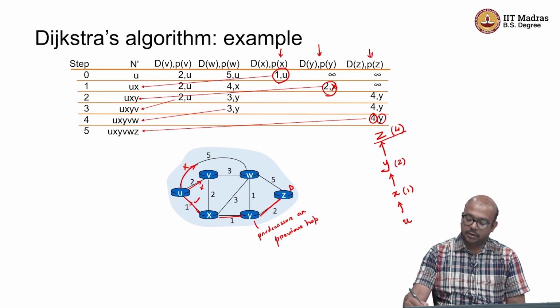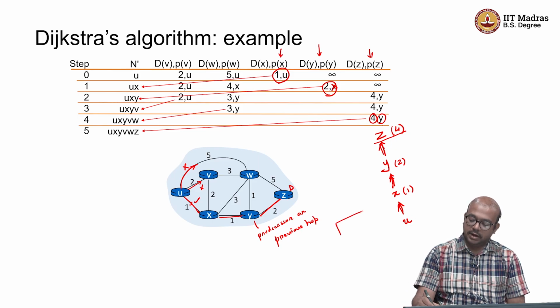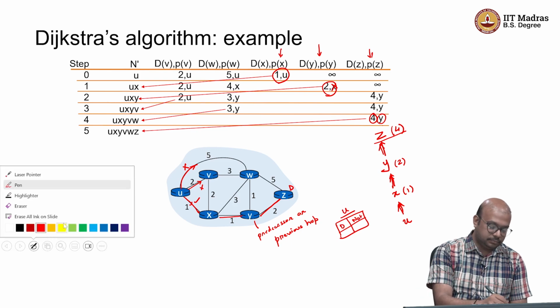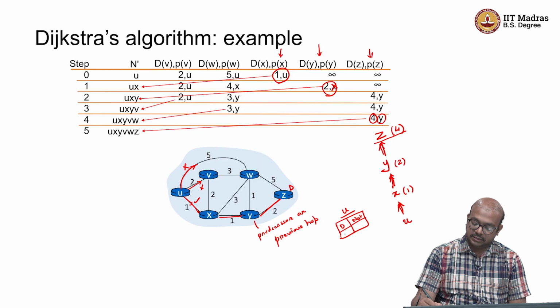So, this is how you construct the forwarding table. So, u knows in its routing table entry, if the destination is z, the next hop should be x.